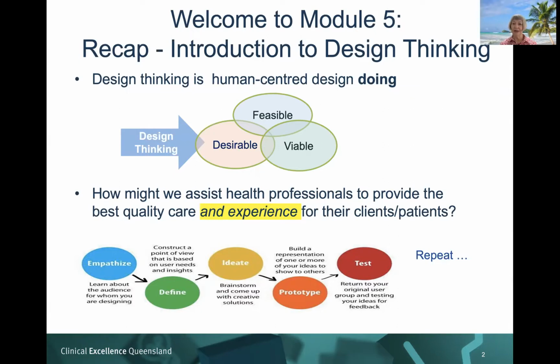So we talked about empathizing is very much about learning who you're designing with and for, constructing a point of view in terms of, given all we know, where are we going in this particular instance, ideate, coming out with lots of ideas, but from those ideas, sorting them out, evaluating them, and then choosing a couple to progress in the main through some rapid prototyping tests, making those ideas much more tangible so we can test them out, testing them with users and stakeholders, and then seeing where we're at.